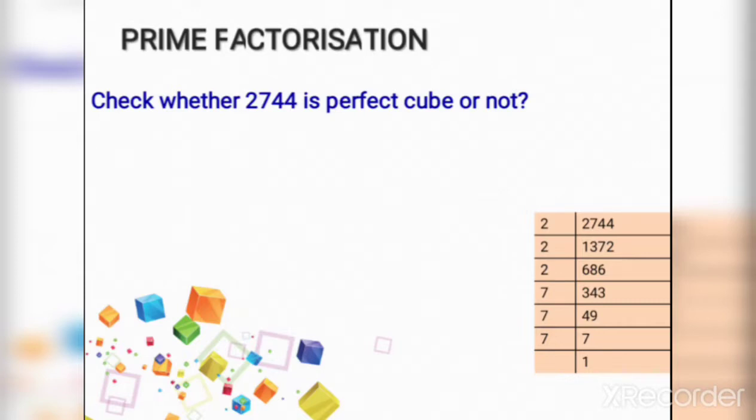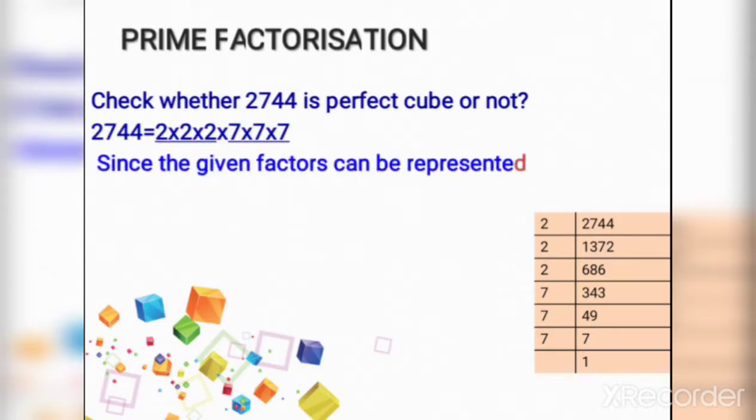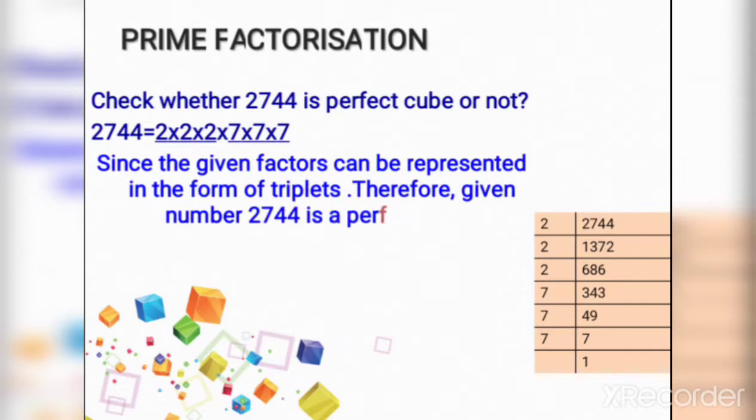Very first, it will go with the prime number 2 and the answer after division is 1372. Similarly, we find out the other factors. Therefore, the prime factors of 2744 are 2 multiplied by 2 multiplied by 2 multiplied by 7 multiplied by 7 multiplied by 7.